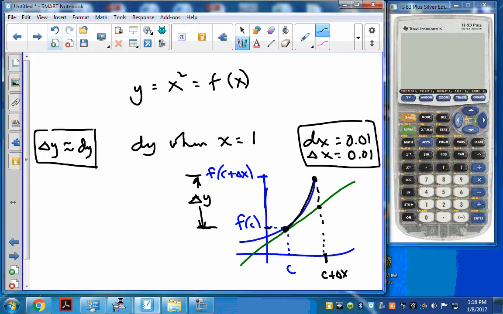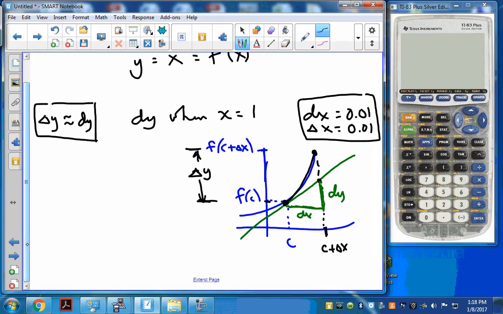Along the tangent line, however, and I'll use green for this, just look at this little triangle. You know the slope of a line is rise over run. This is going to be dy and dx. So the change in x, this delta x, is this amount here, from here to here.